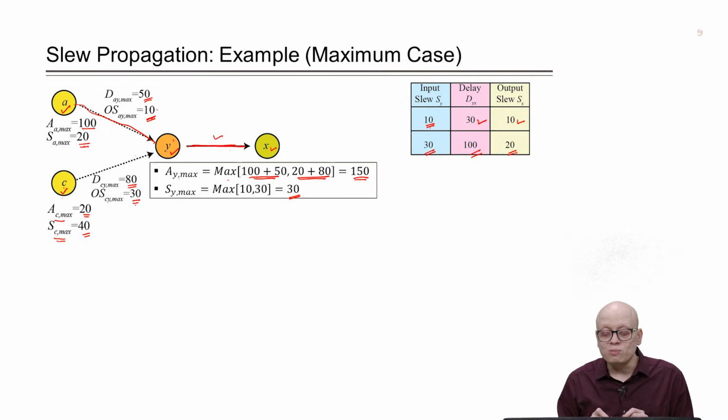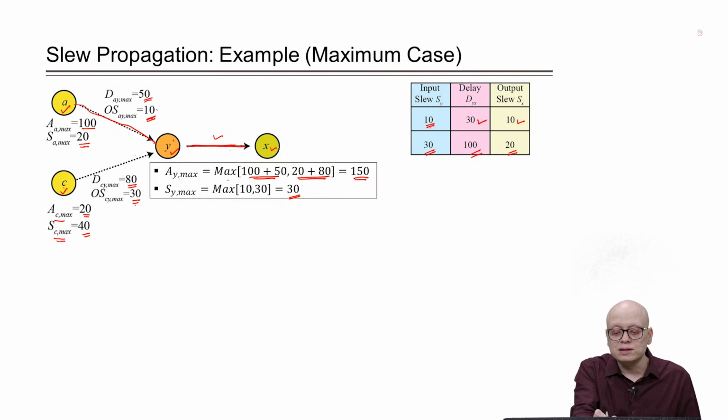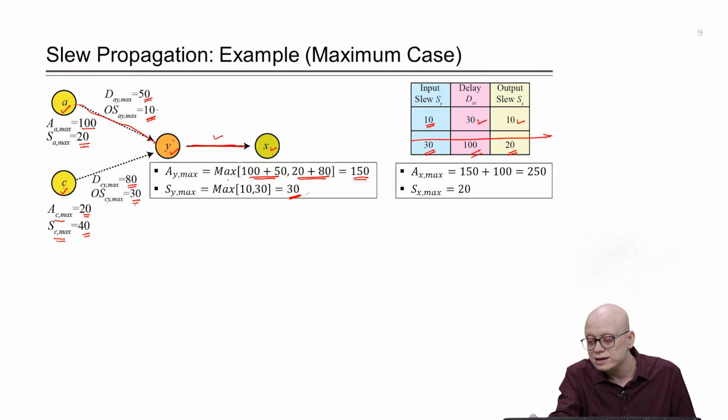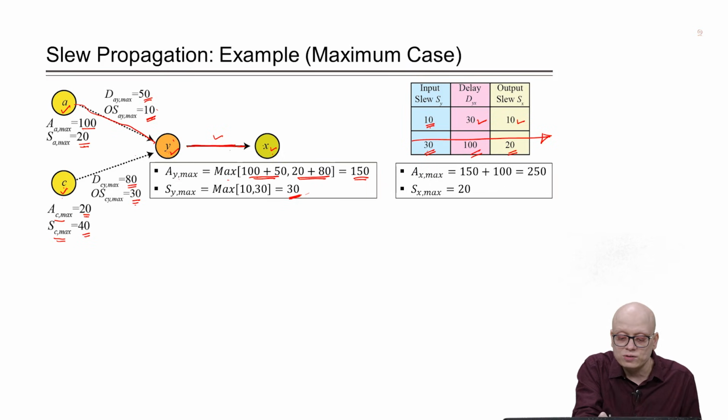Now, with this information, we can compute the slew at the vertex x and also the arrival time, right. So, what will be the arrival time? The arrival time is very easy because the arrival time at y is 150 and the output slew we know is 30. Now, corresponding to 30, we have to read this row, right. Now, in this row the delay is 100, right. So, we take the delay of this arc between y to x as 100, right.